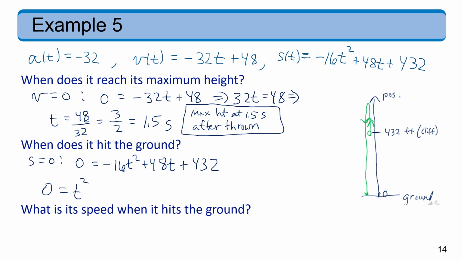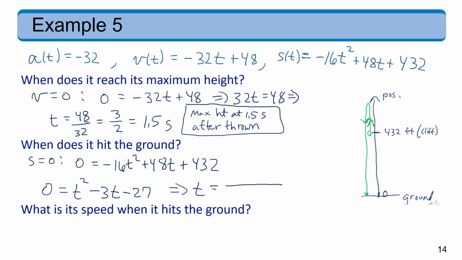Now 48 over -16 is -3, so that's -3t. And then 432 over -16 simplifies to -27. And then you could try to factor it, but it doesn't factor easily. So let's use the quadratic formula to solve this, since it's a quadratic equation.